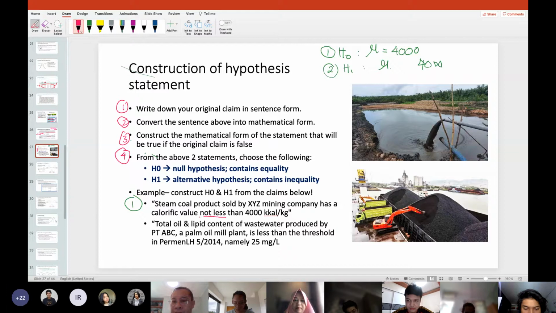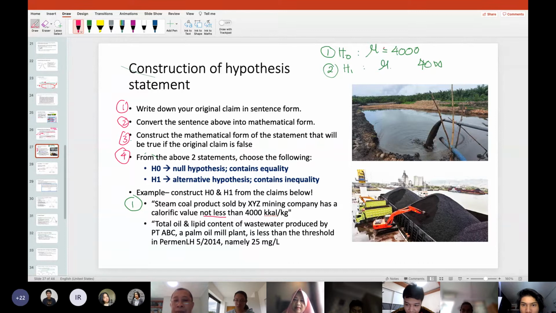What's the sign? Is it equal to, less than or equal to, or more than or equal to? When the company says the heating value of their coal is not less than 4,000, what is the sign there? Equal, more than or equal to, less than, not less than.